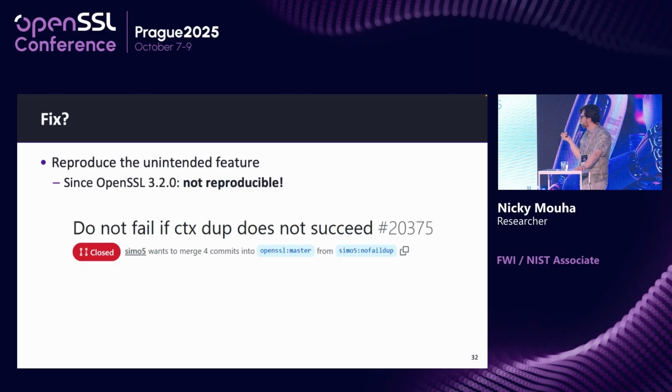It turns out that there's a completely unrelated issue in OpenSSL that unintentionally fixes it. What's happening here is a bit weird, so please give me some time to go through this with you. The change is titled "Do not fail if context duplication does not succeed." What's going on here?